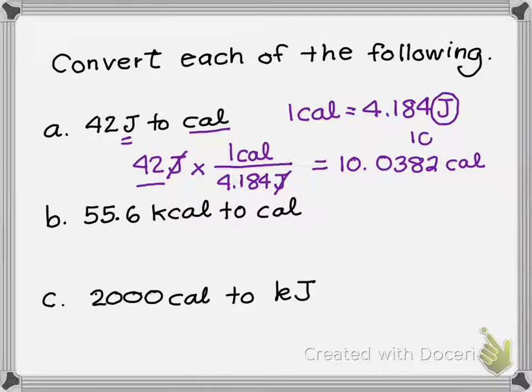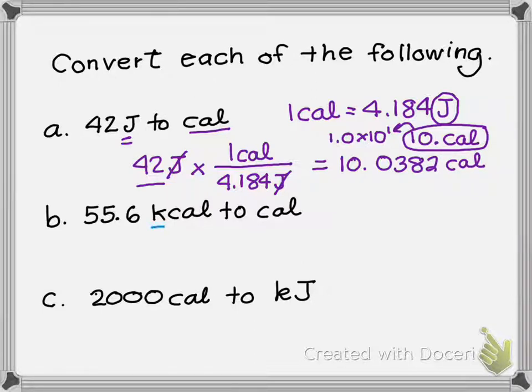So I would just put 10, and I'd put the decimal there to show. So 10. calories. You could also write it in scientific notation, which would be 1.0 times 10 to the 1 calories, but I don't know that that would be required. So now let's look at the second example.